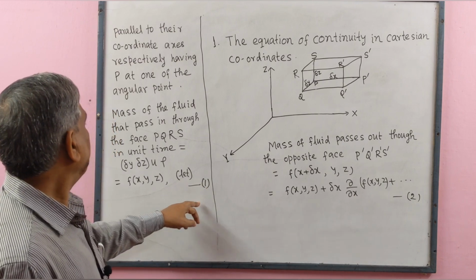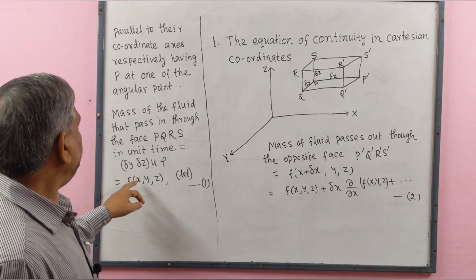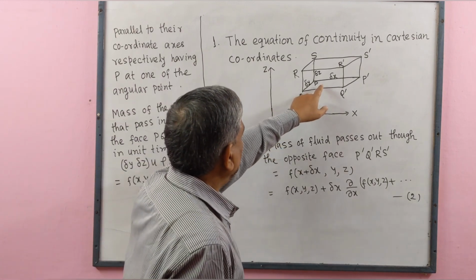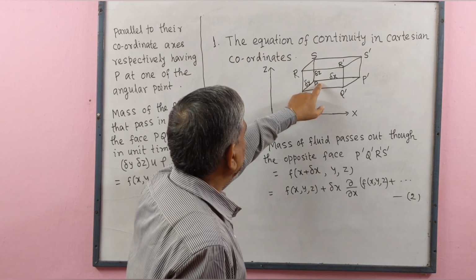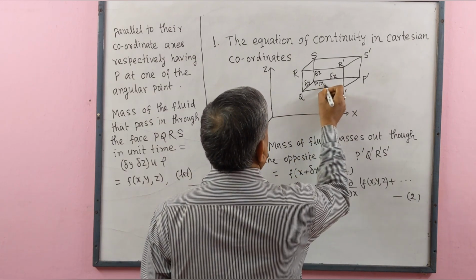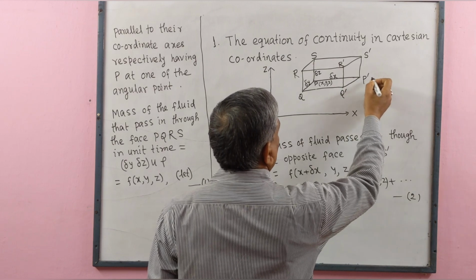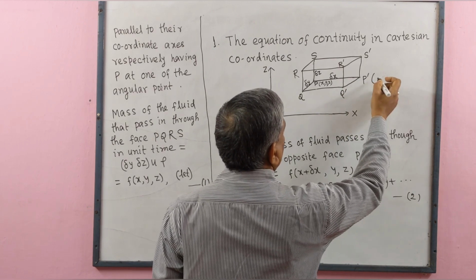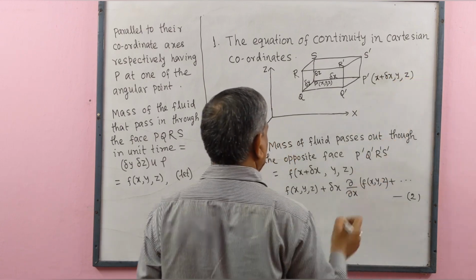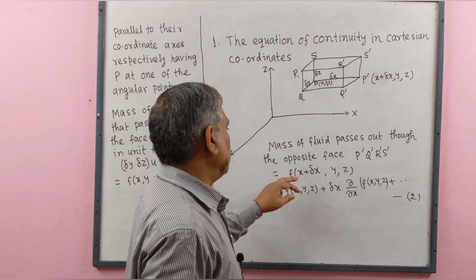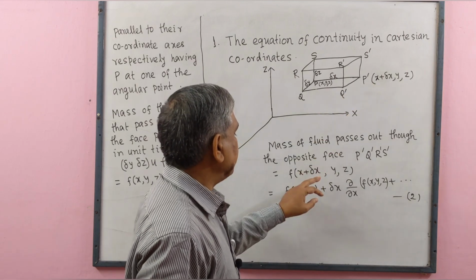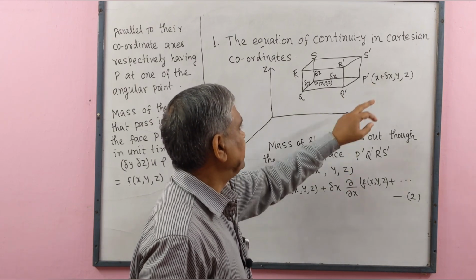In number 1, this value is a function of x, y, z, since the coordinates of the point P are x, y, z. Here the coordinates of point P prime are x plus delta x, y, z. So this amount will be a function of x plus delta x, comma y, comma z.